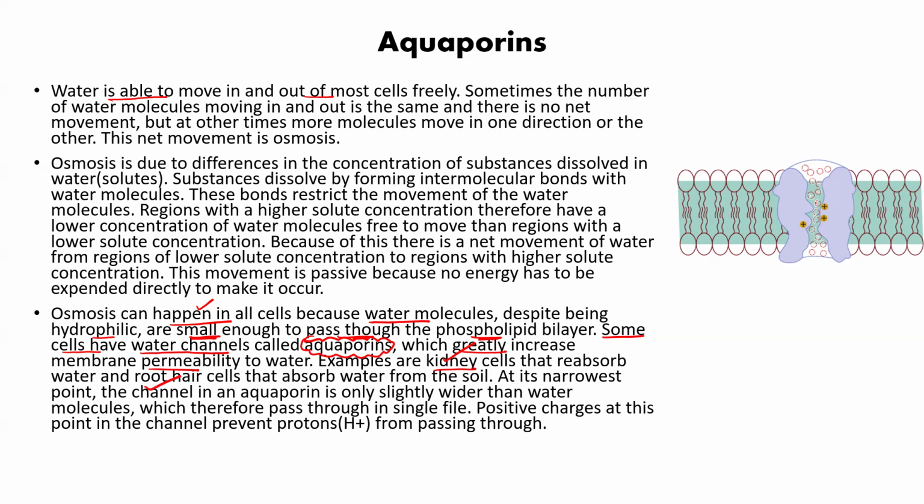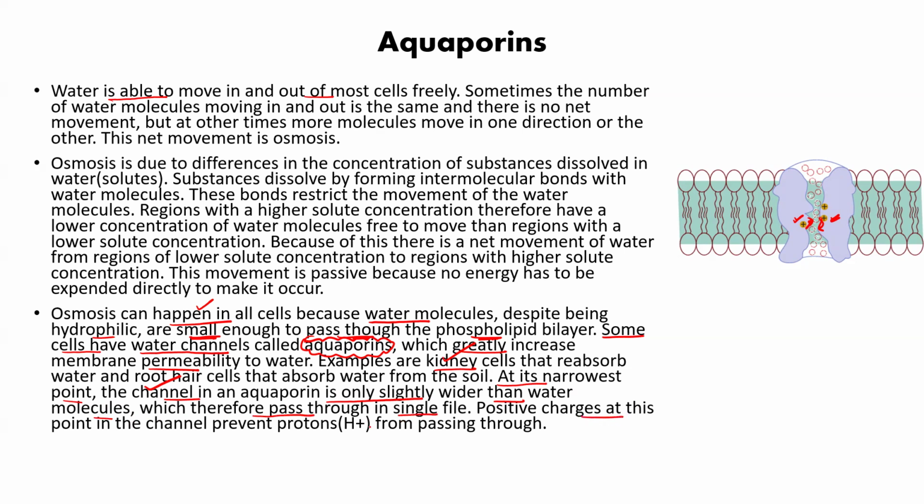If you see the diagram carefully, at this narrow point, you are finding that the point is actually made by positively charged amino acids. At its narrowest point, the channel is only slightly wider than a water molecule, which therefore passes through in a single file, meaning in a single line.